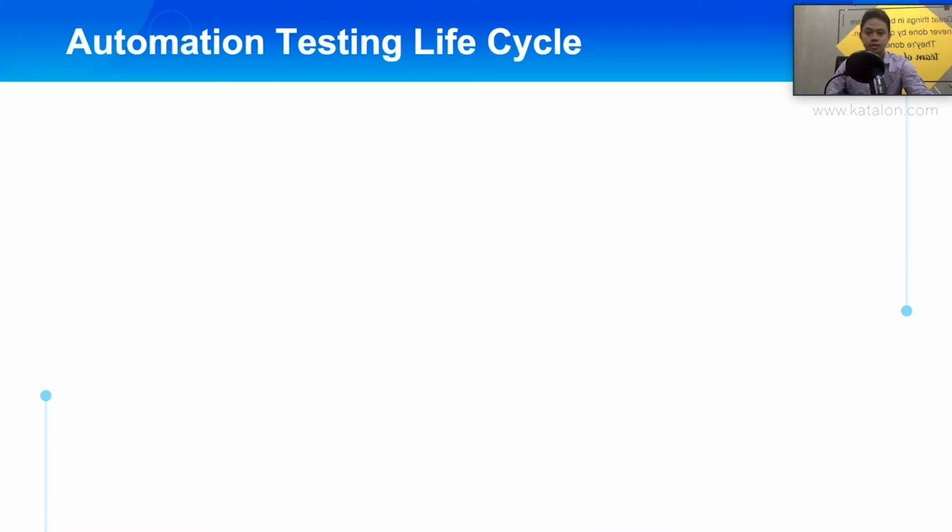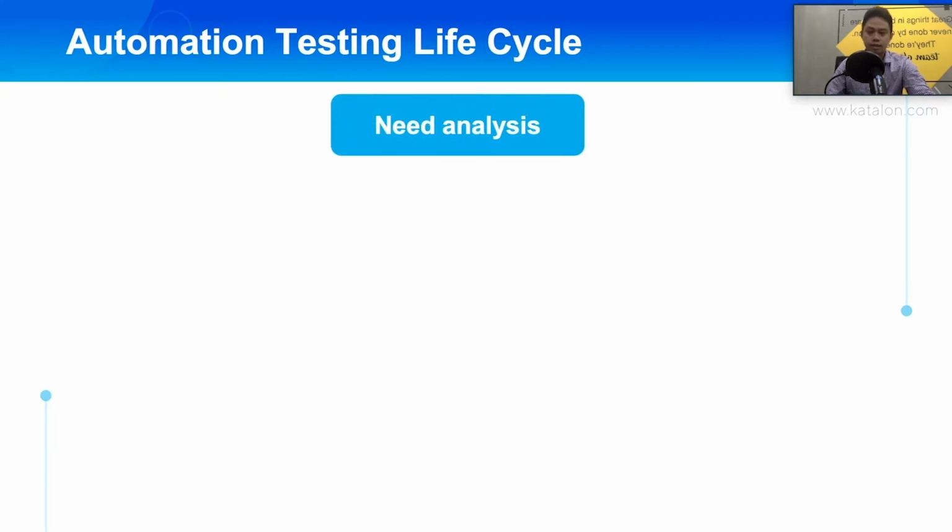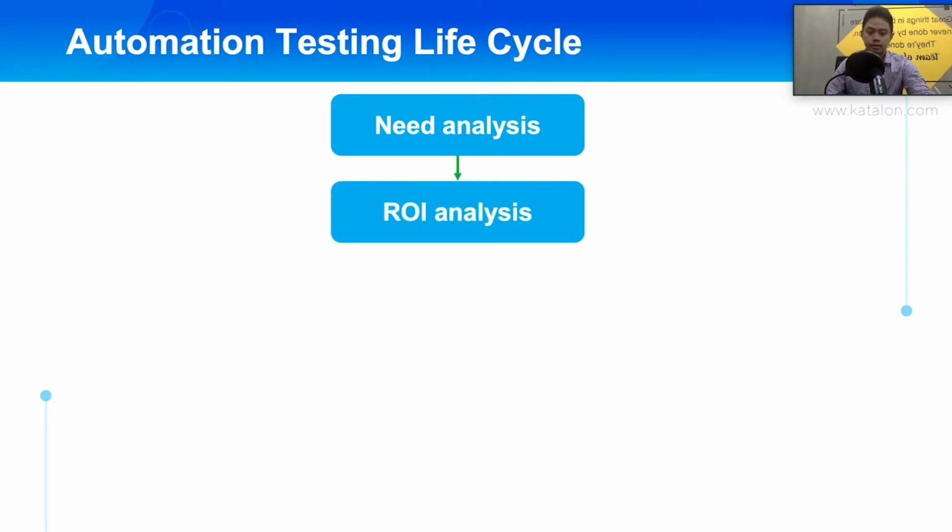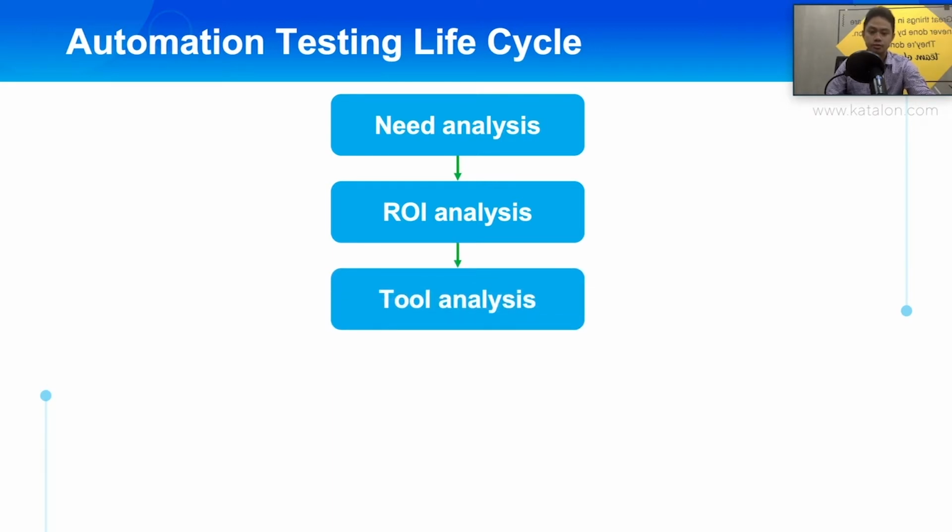Firstly, let's take a look at the automation testing lifecycle. In the beginning, we need to do a need analysis to make sure that automation testing is what we need. Then we do a return on investment analysis to make sure that we have more benefit than the cost we need to pay. Next, we do a tool analysis to make sure that we have the correct tool to deal with all the needs that we have when doing automation testing.